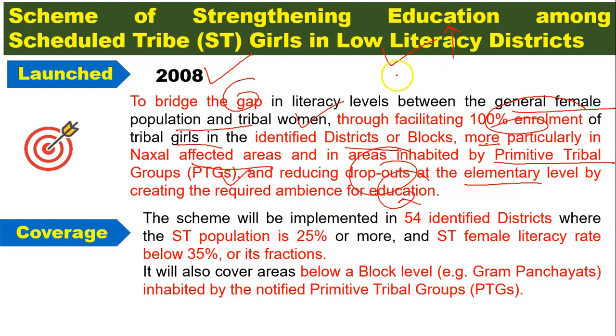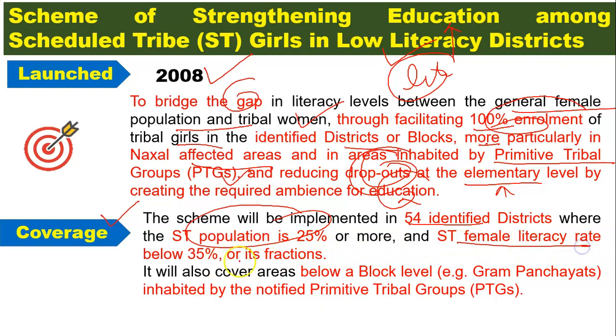So the main aim of this scheme is to improve the literacy level of tribal women and tribal girls by ensuring 100% enrollment and reducing the dropout at elementary level. This scheme will cover the 54 identified districts where ST population is 25% and more, and ST female literacy rate is below 35% or its fraction.